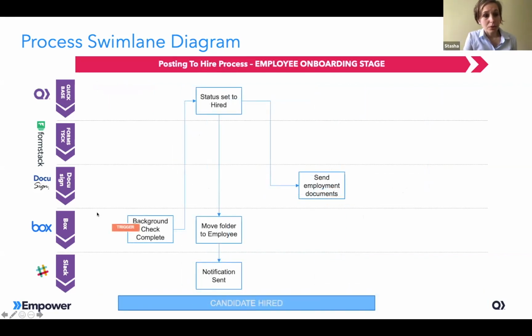As soon as the background check is complete, we change the status of this candidate to hired. He becomes an employee, and then we need to move this folder and the files in it to the employee directory together with a notification. We need to send out some employee handbook, security guidelines, and benefits package.